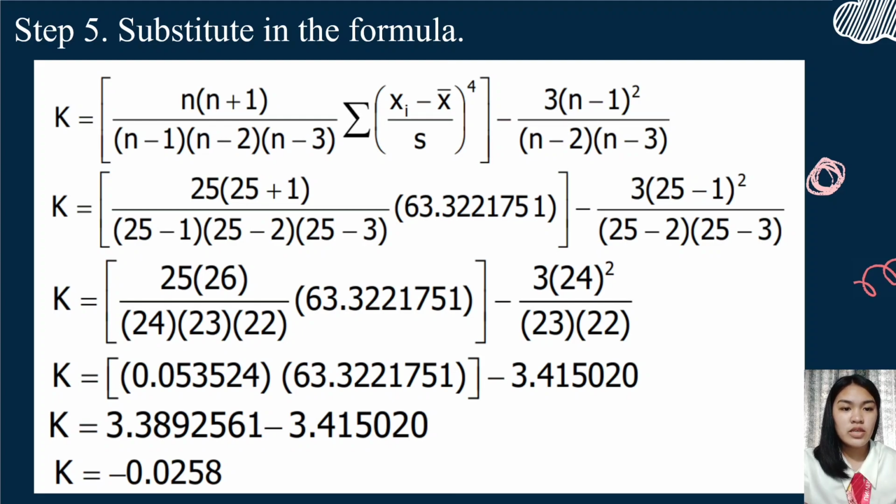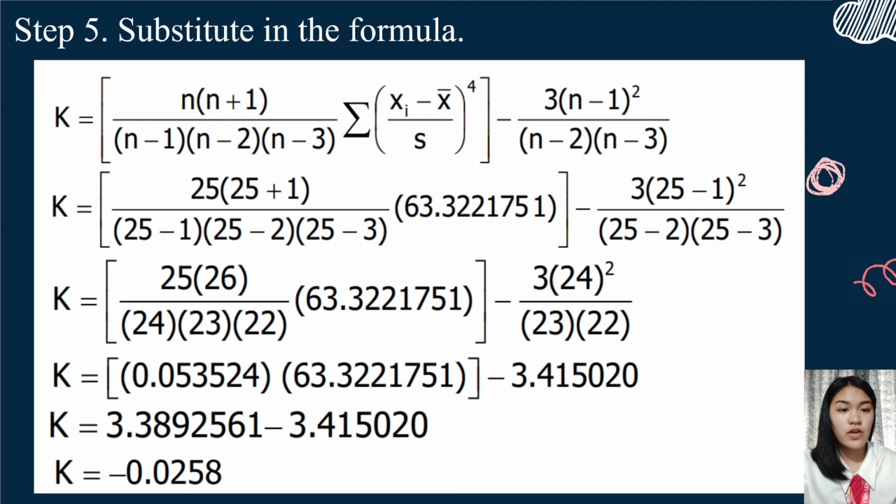So we will have kurtosis is equal to 25 times 25 plus 1 divided by 25 minus 1 times 25 minus 2 times 25 minus 3, and our value of the summation of x minus mean divided by standard deviation raised to the power of 4 is 63.3221751, and will be subtracted by 3 times 25 minus 1 raised to the power of 2 divided by 25 minus 2 times 25 minus 3.